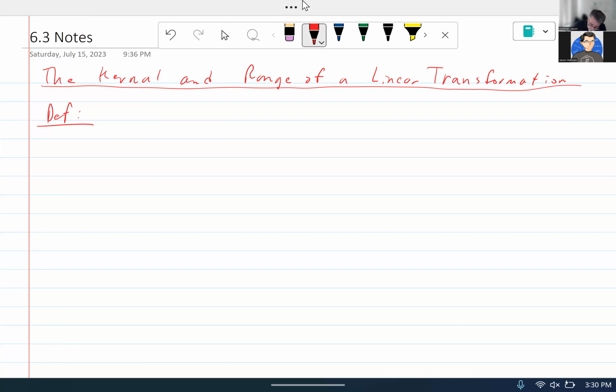Let T go from V to W be a linear transformation.